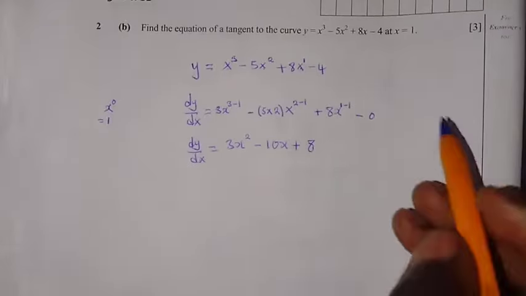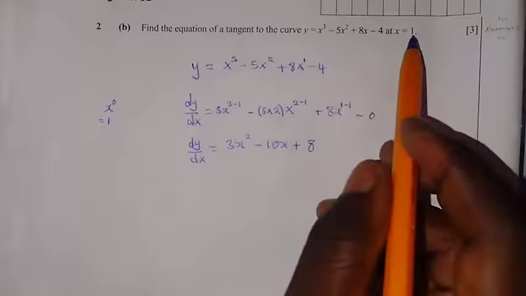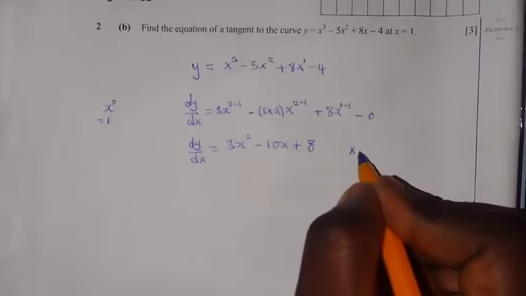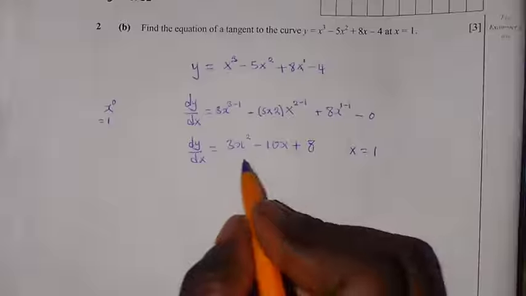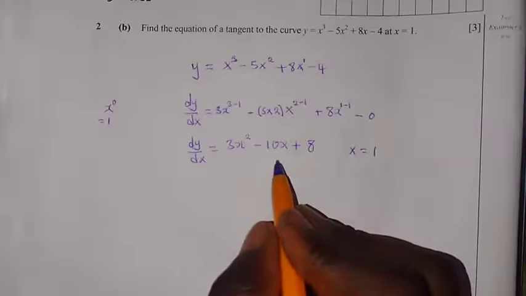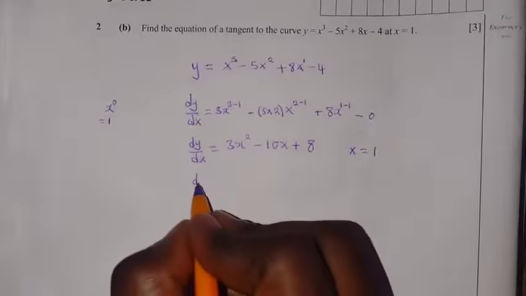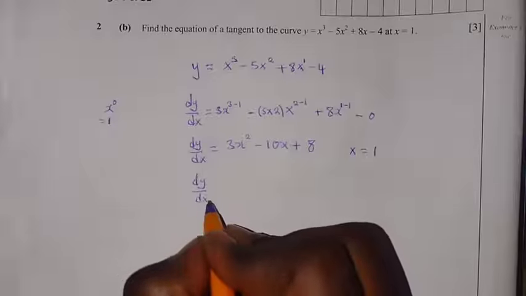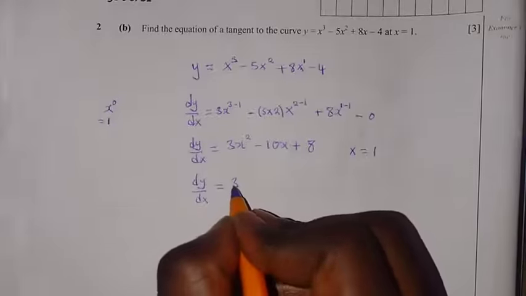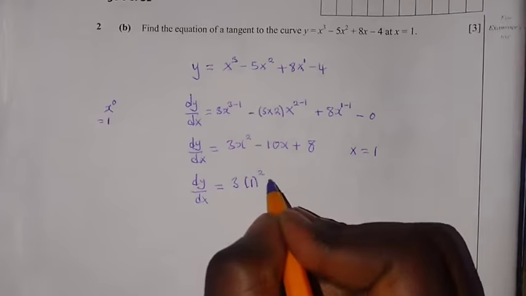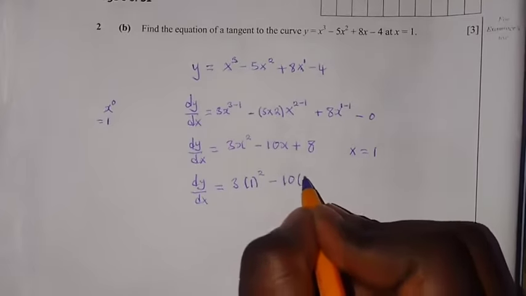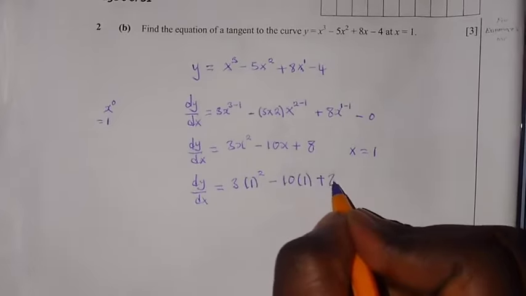Now remember, they have said at x is equal to 1. So here we know that x is equal to 1. So this is the gradient function, but we need the numerical value for the gradient. So I'm just going to substitute where there is x, we put a 1. dy/dx is equal to 3, then 1 power 2, minus 10, we put a 1 there, then plus 8.